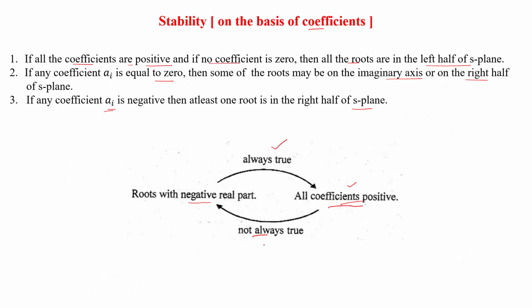When roots do not have negative real parts, then roots are going to lie in the right side of the S-plane, so the system will become unstable. And if it lies on the imaginary axis, then it will be marginally stable. So due to this confusion, we have the concept of the RH, the Routh-Hurwitz criteria, that we are going to see in the next part.